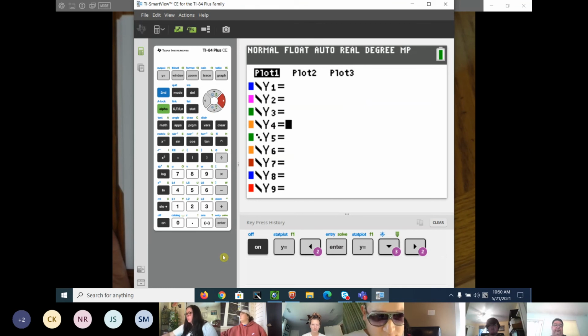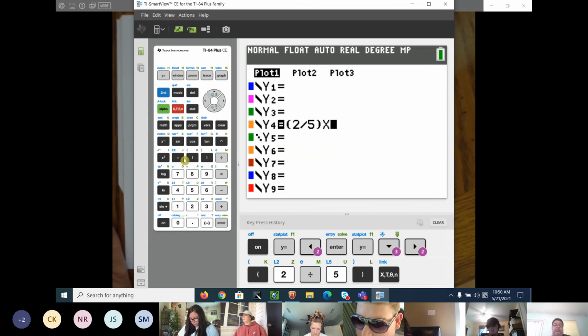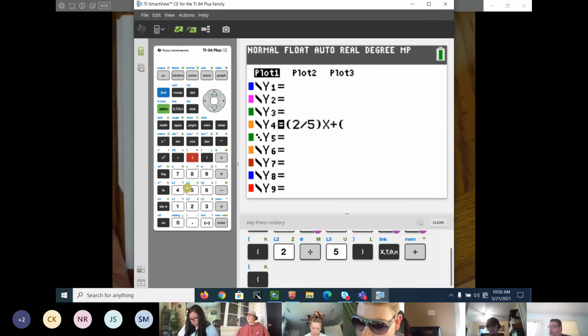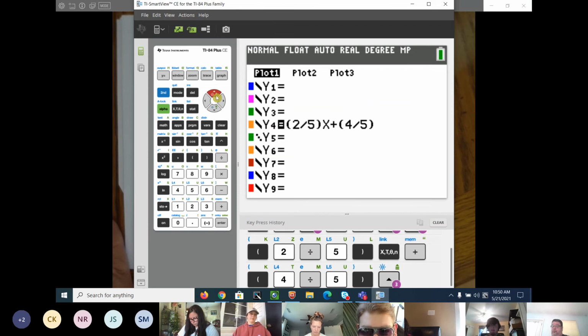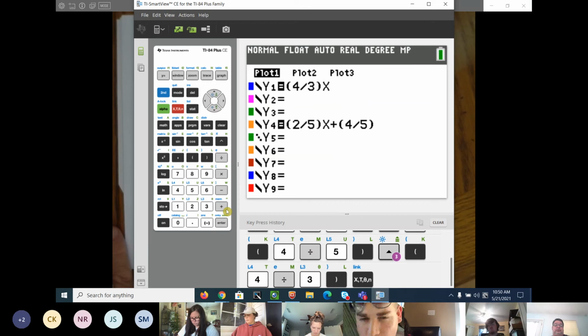So 2/5. So I'm going to put parentheses 2 divided by 5, close parentheses x plus parentheses 4 divided by 5. All right, there's that one. And then in blue, we're going to do parentheses 4 divided by 3, close parentheses x plus parentheses 4/3.